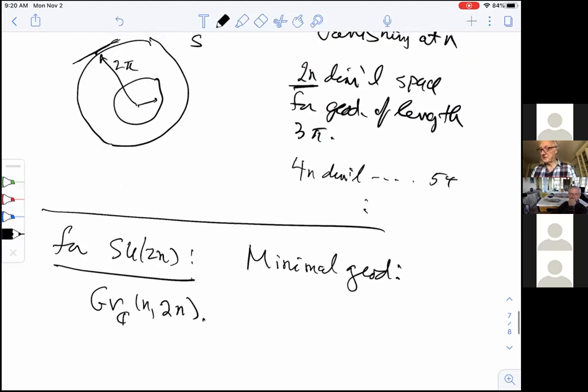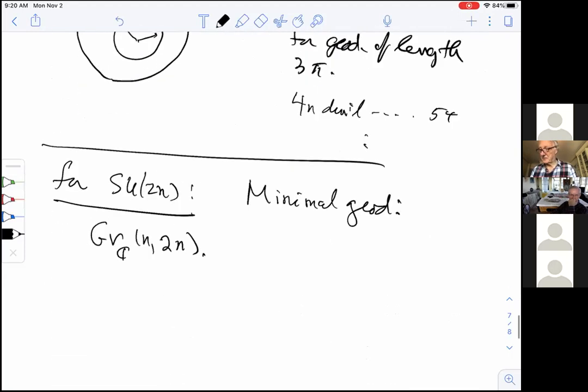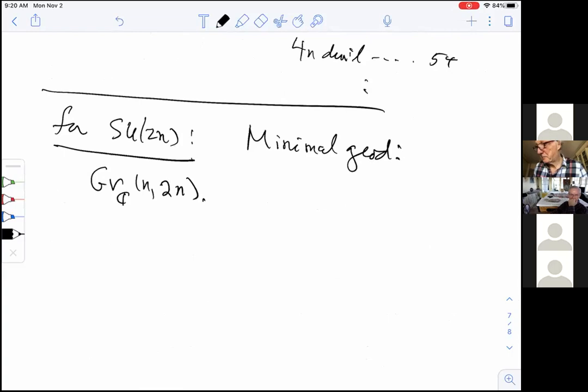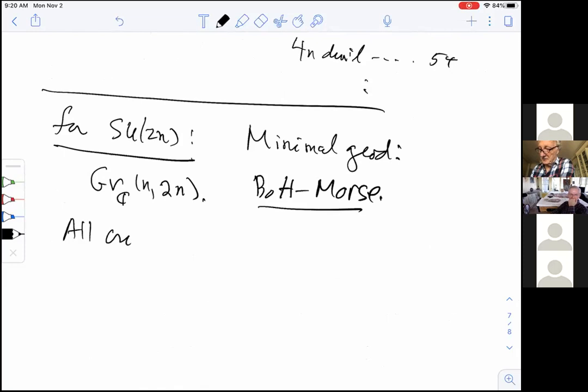So what replaces the equator in this argument is a Grassmannian. These are Bott-Morse. And all other critical points have index greater than or equal to, I guess it's 2n.